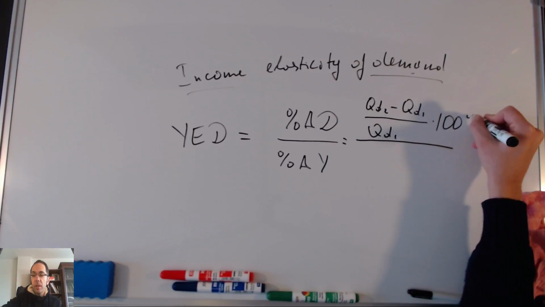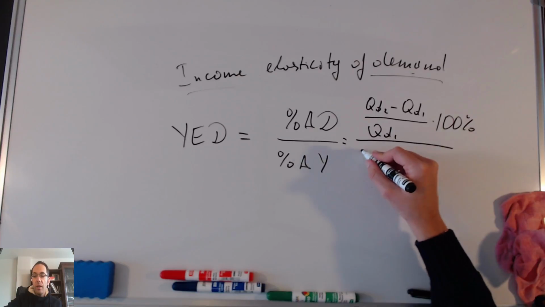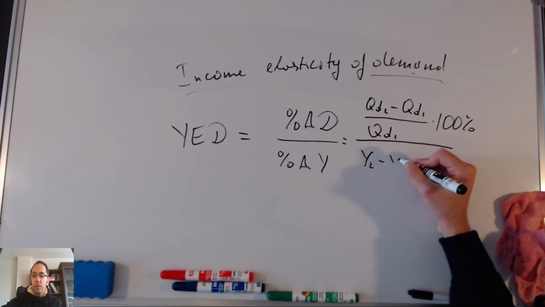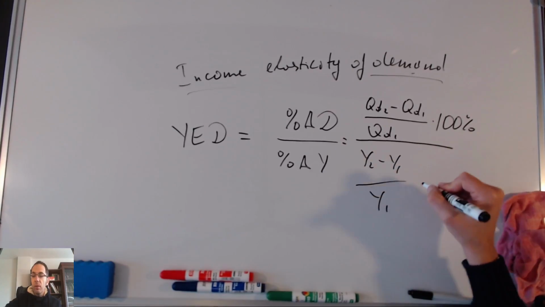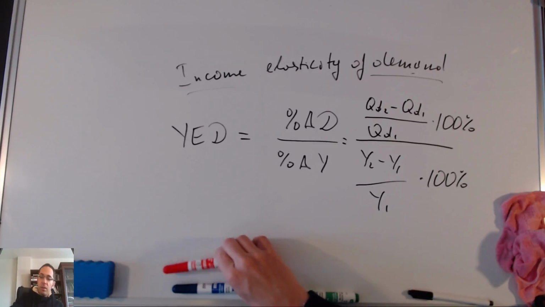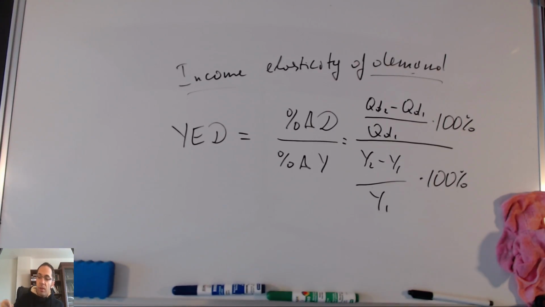We can multiply this by 100%, and in the denominator we're going to have y2 minus y1 over y1 times 100%. Now, as usual, the percentage terms will cancel out. So if you want, you can just completely ignore them. So effectively, you have percentage change in the demand divided by the percentage change in the level of income.